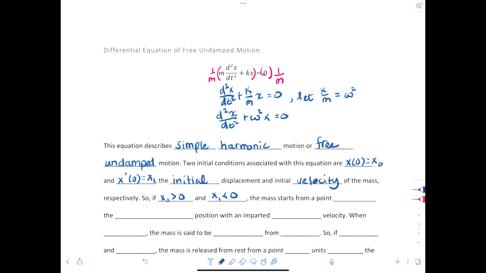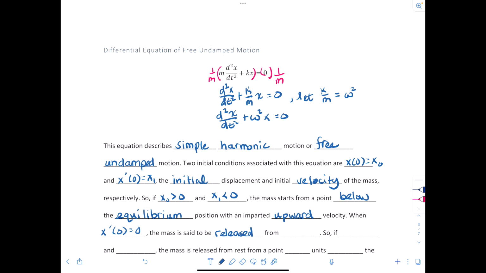It starts from a point below equilibrium position with an imparted upward velocity, because remember, upward is in the negative direction. So upward velocity will be negative. When x prime at 0 is 0, the mass is said to be released from rest.